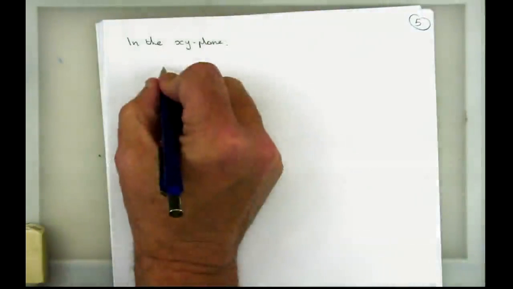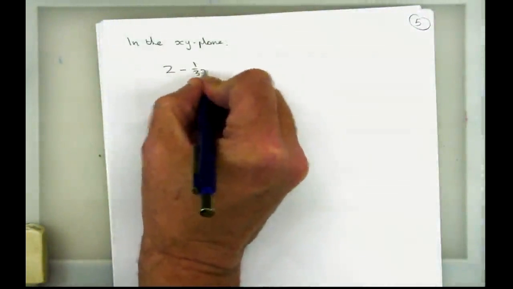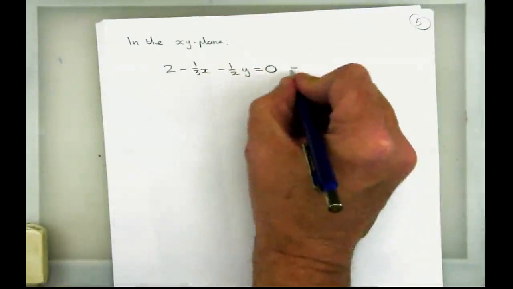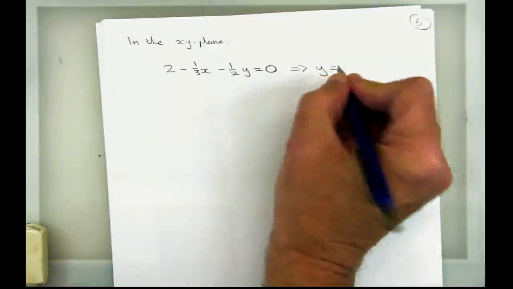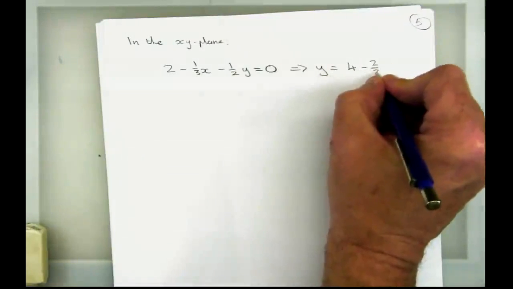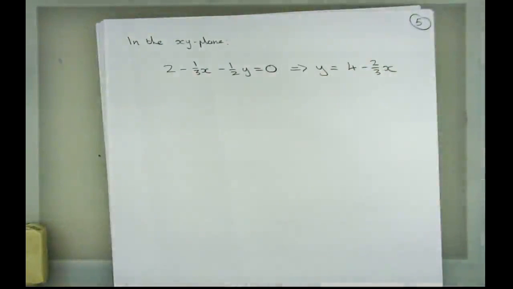We've got z is 0, so 2 minus the third x. What's this? This is y equals 4 minus 2/3 x. So what does that look like?